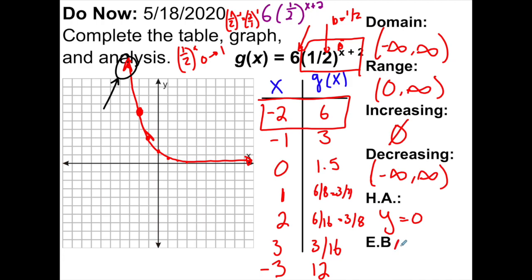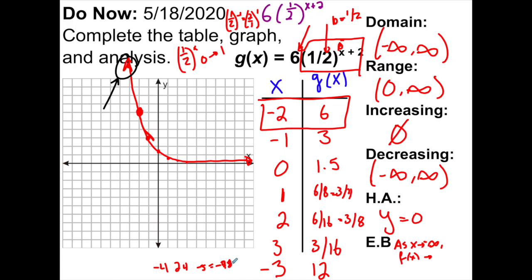All right, and end behavior. Let's do -infinity. As x gets really negative, you can see the y values are going up, right? -2 was 6, -3 was 12, -4 is going to be 24, -5 is going to be 48.